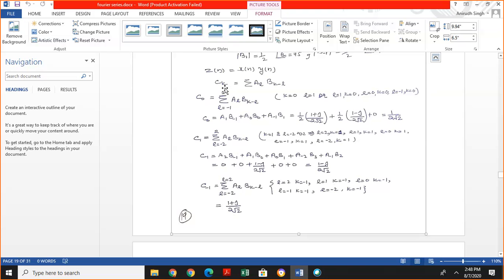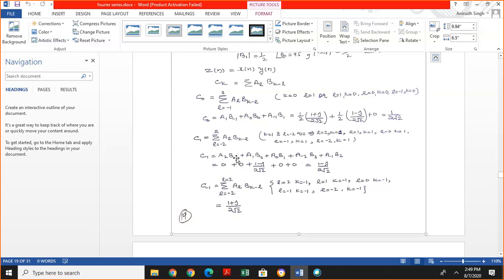Then C1: when the value of k is 1, the value of l goes from minus 2 to 2. That means k is 1 and l is minus 2, minus 1, 0, plus 1 and 2.